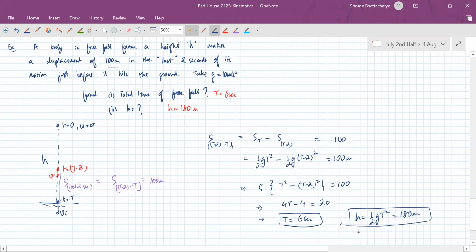And if required, you can find the impact speed also. Also, we know that it will hit the ground with a speed of 60 meters per second. Okay.